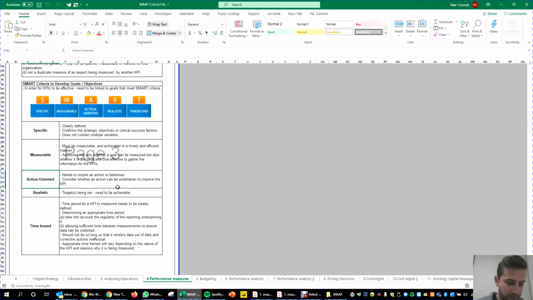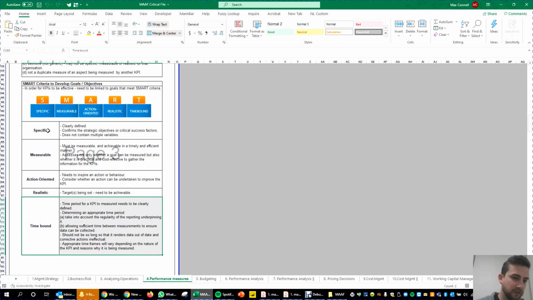Action-oriented: it's meant to inspire an action or behavior, so that's what's inspiring the measurement. And the uptake of organic fertilizer needs to be realistic as well. So that's definitely achievable here. And time-bound: we said within 1 year. So because we've added that time period, we're going to get the full marks.